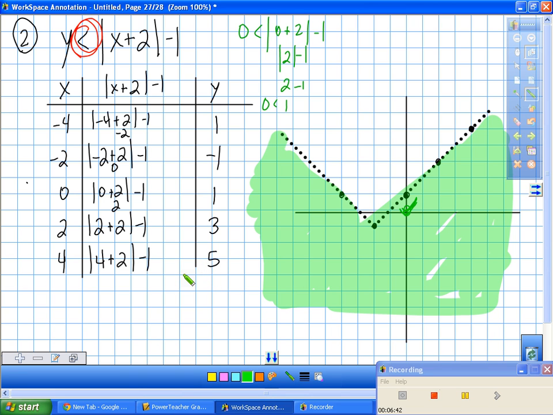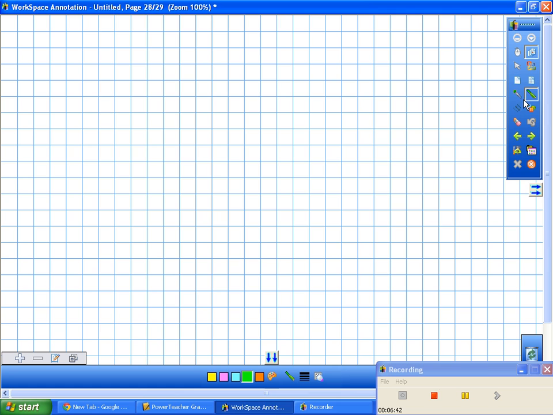So to practice, I want you guys to do a self-check. Come in with the next problem completed in your notes so that we can discuss and maybe answer any questions that you have. So I want you to graph the following absolute value inequality.